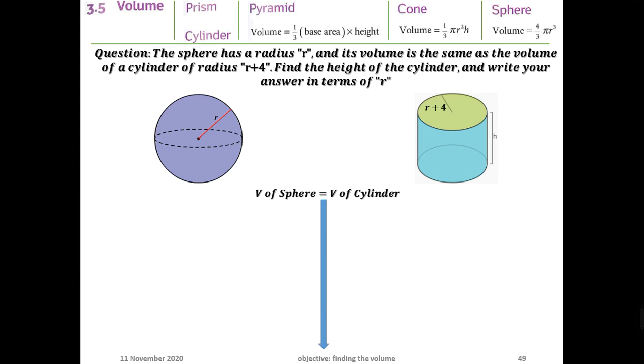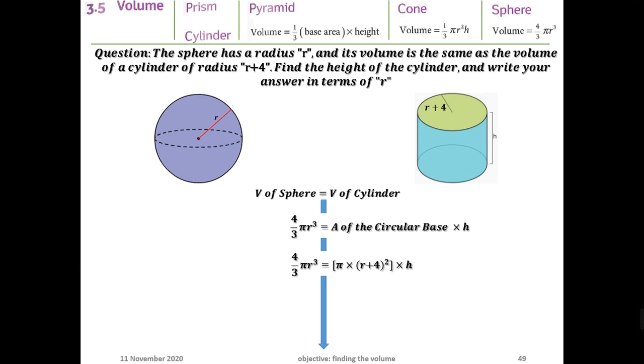So we're going to write the formulas, which is going to be 4 over 3 pi r cubed, and it's going to stay that way because the radius in the sphere is r, and the volume of the cylinder is area of the circular base, which is going to be pi r squared, but instead of r, in brackets, we're going to write r plus 4 all to the power of 2 times h, which is going to be as following.